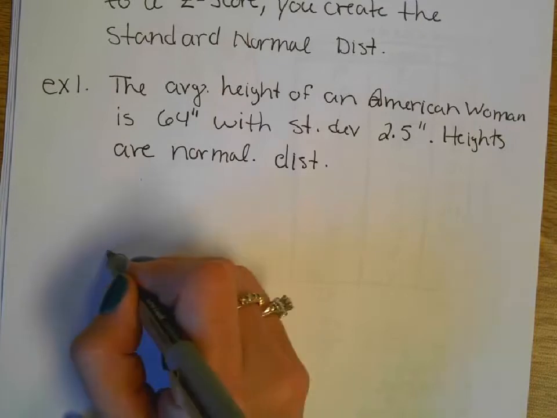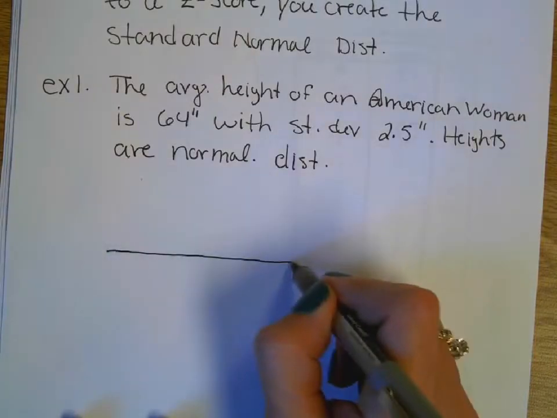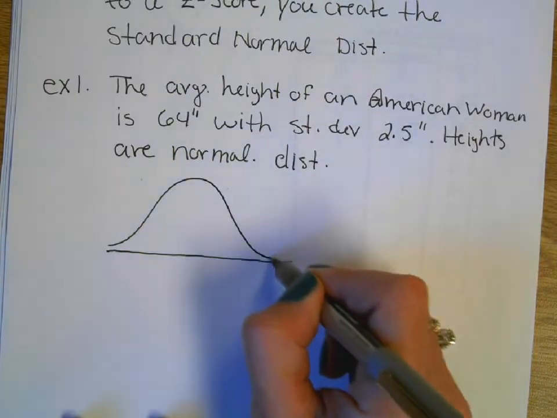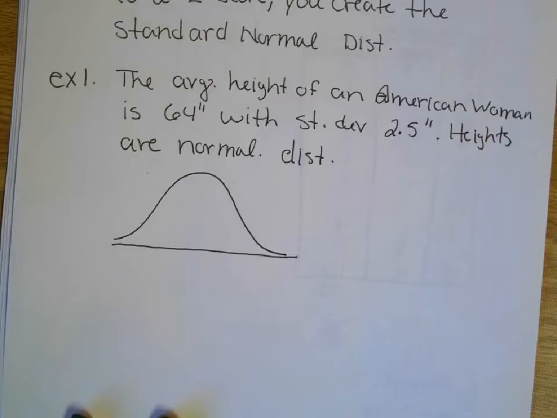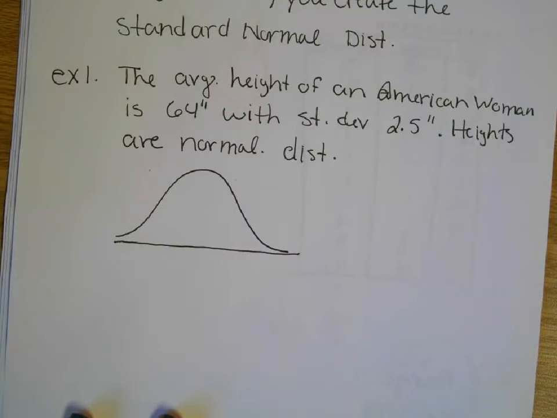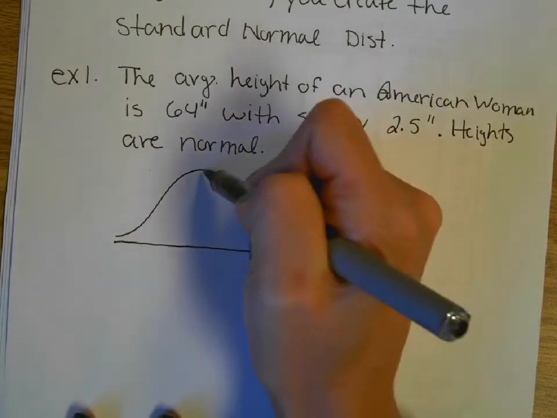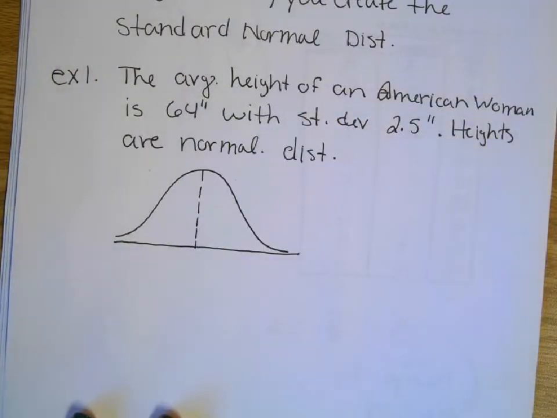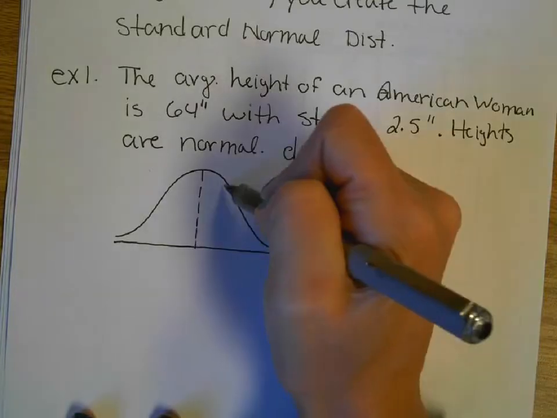I first want you to give me the normal distribution with the 7 key values on it. The 7 key values are the mean, and then the 3 standard deviations above and the 3 standard deviations below, giving us our 7 values.